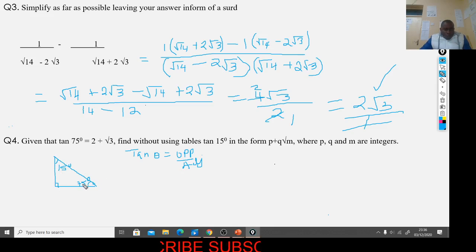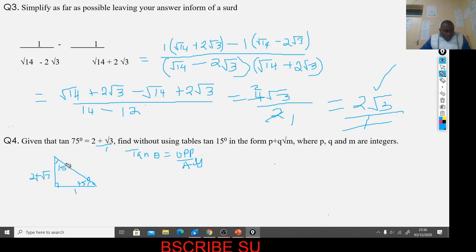So when we talk about tan of 75, this is the opposite over the adjacent, which is 1. So the opposite of 75 is 2 plus root 3, and here is 1.